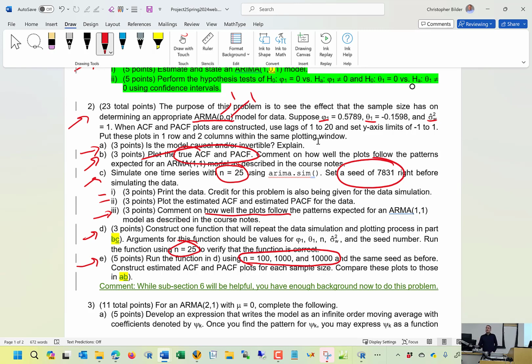So what this particular problem will give you is a better intuitive understanding of how sample size can affect the estimated ACF and PACF, and thus how this can actually affect your ability to use the estimated ACF and estimated PACF to choose a particular model for an observed data set. That's the purpose of this.